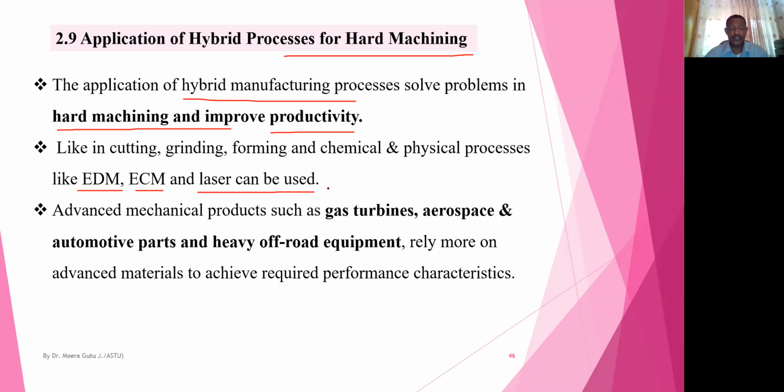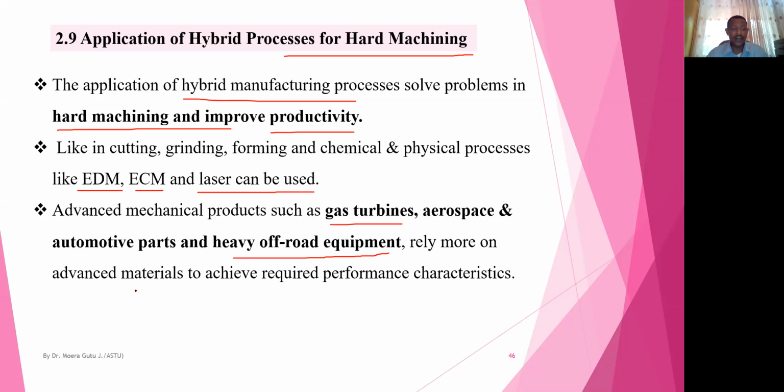We will see electro discharge machining, electrochemical machining, and laser beam machining in combination with hard turning, hard milling, and hard drilling. Advanced mechanical products such as gas turbines, aerospace applications, automotive parts, and heavy off-road and shipping equipment can be machined with these hybrid technologies.